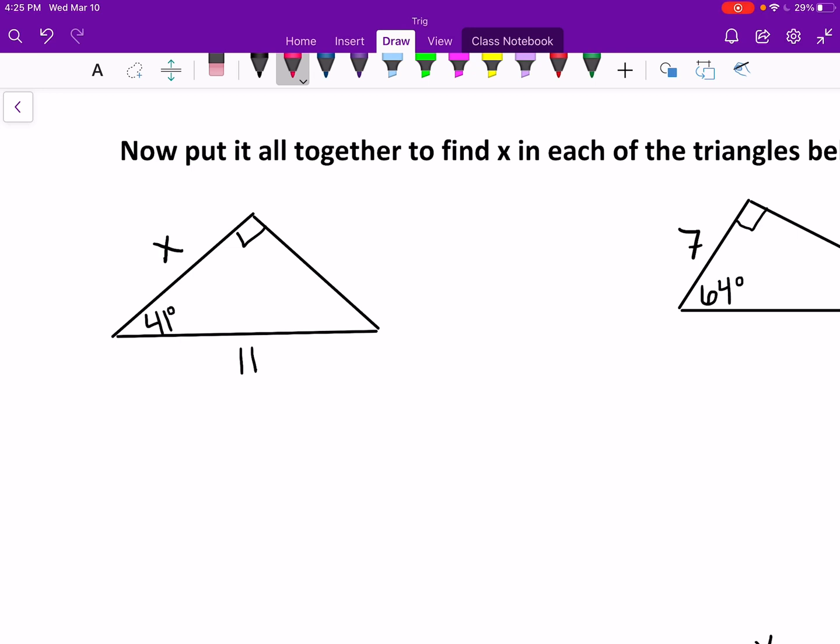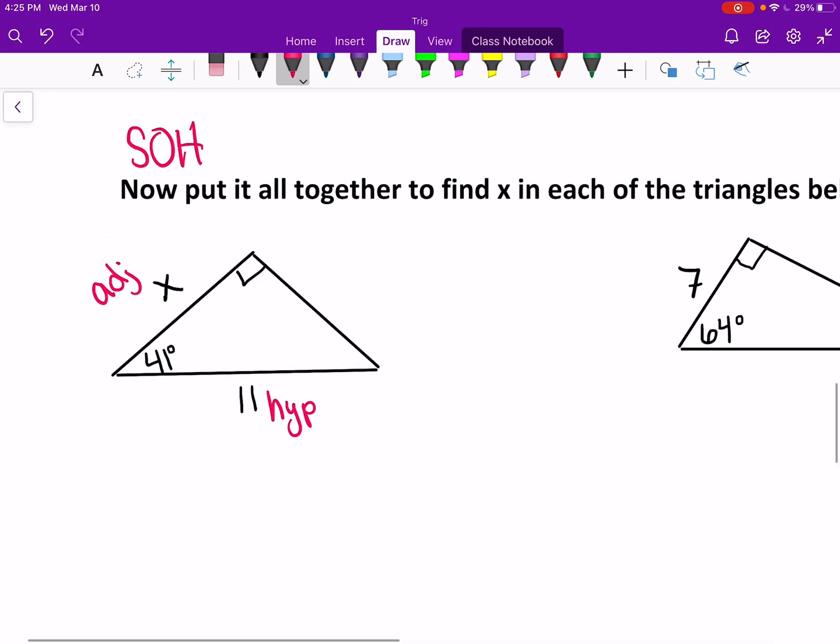We are also given the length of 11, which happens to be the hypotenuse of our triangle. And we want to find x. And x is adjacent to our angle of 41 degrees, meaning it's the leg next to it. So I'm dealing with an adjacent leg and a hypotenuse.